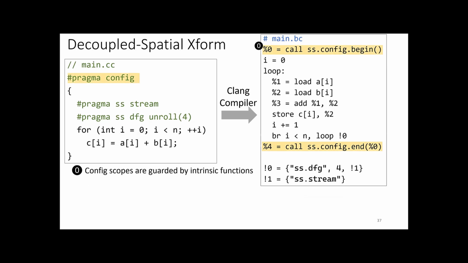For the configuration pragma, during IR code generation, it will be generated as a pair of begin and end intrinsics to annotate the region of the configuration. And the additional information related to the loop will be encoded in the loop metadata.